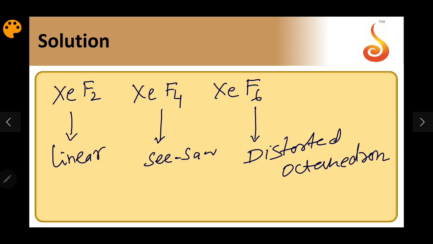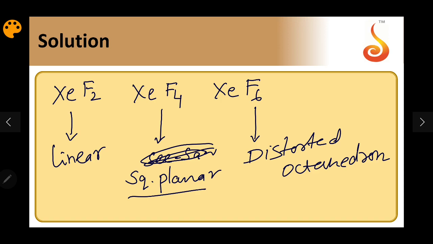Okay, so SF4 is seesaw. XeF4 is not seesaw, it is square planar, because the hybridization is sp3d2 with two lone pairs and an octahedral geometry; two lone pairs make it square planar.